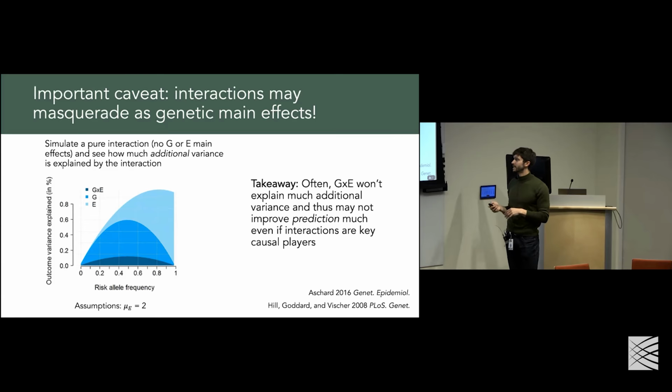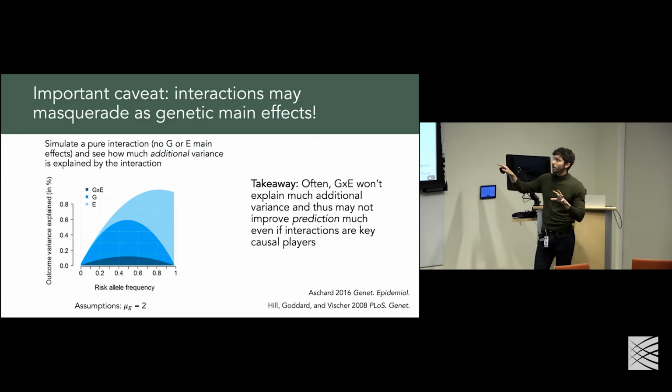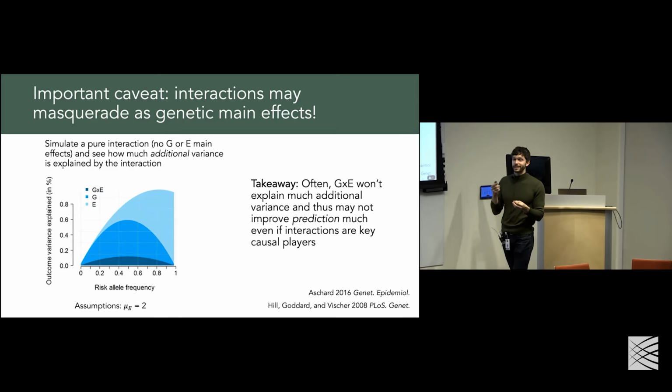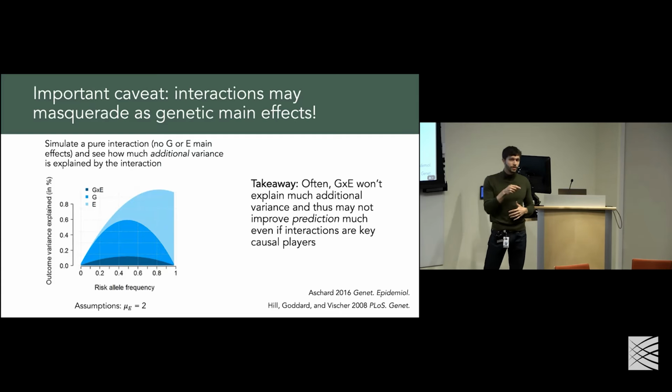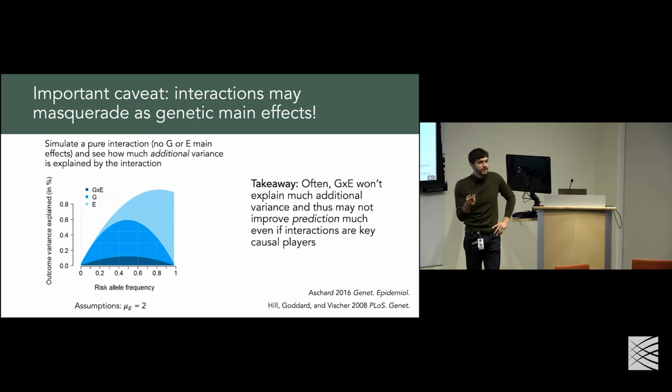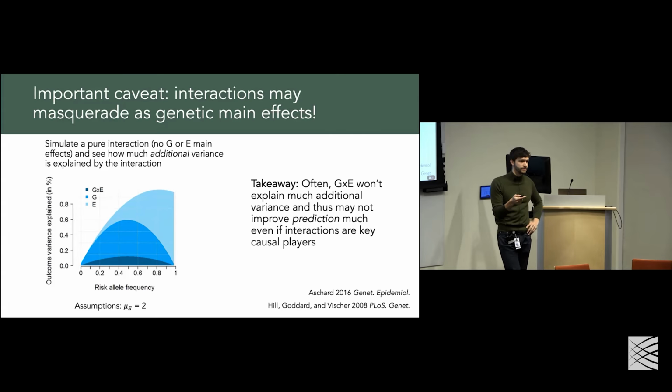takeaway at the moment is that by being aware of this fact, we can acknowledge that some G/E effects, or effects that really are G/E in the underlying truth of how biology works, or the data generating mechanism, will show up as genetic main effects, or they'll show up in a way that makes us underestimate how much contribution G by E interactions in the causal truth have to the production of these traits.